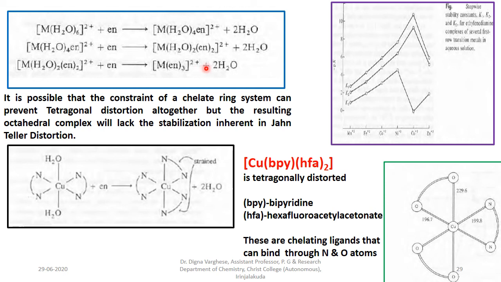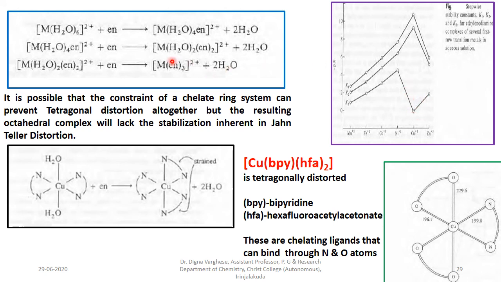The values of these constants for the ions manganese to zinc show a rather uniform trend, gradually decreasing from manganese to zinc from left to right across the series, that is the Irving-Williams order. The copper(II) ion provides a striking exception, being remarkably unstable in the case of the tris ethylenediamine complex.